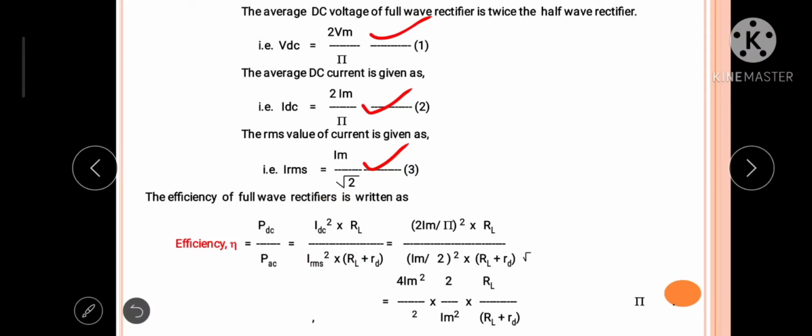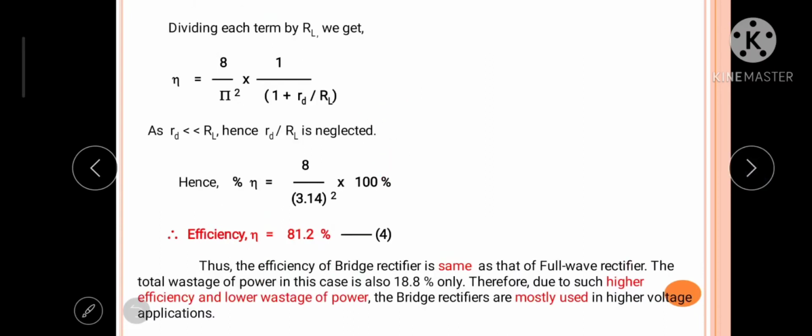Here, by substituting value of IDC from equation 2 and value of IRMS from equation 3 above and simplifying these equations, we get the final equation as in case of full wave rectifier, that is efficiency eta equals 81.2%. Thus, we can say that the efficiency of bridge rectifier is same as that of full wave rectifier.